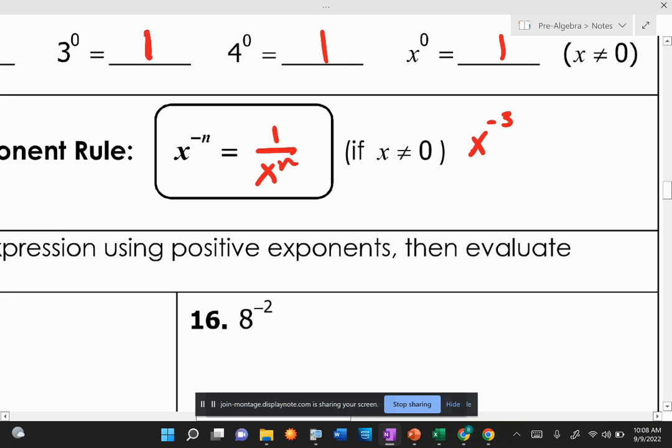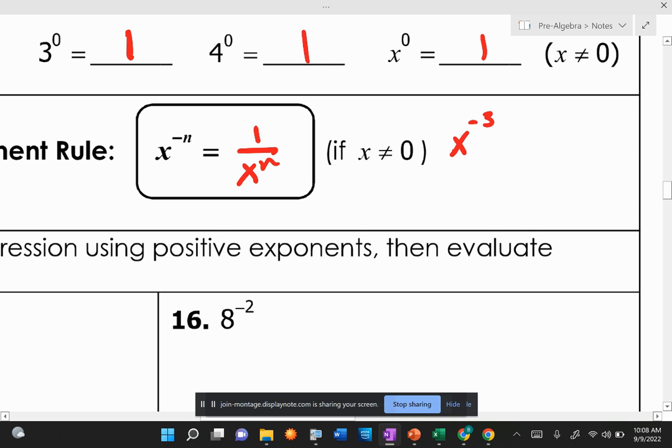These rules apply except if x equals 0. So x to the negative third power is the same as 1 over x to the positive third power.